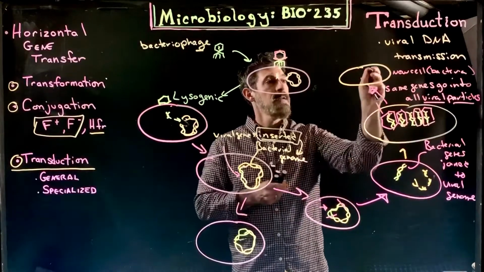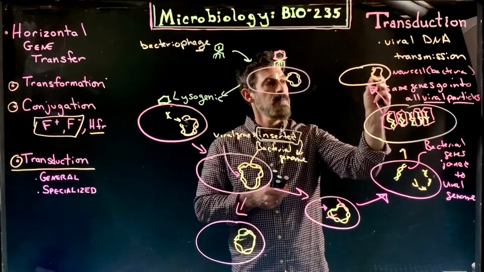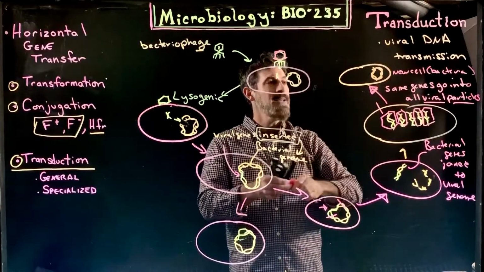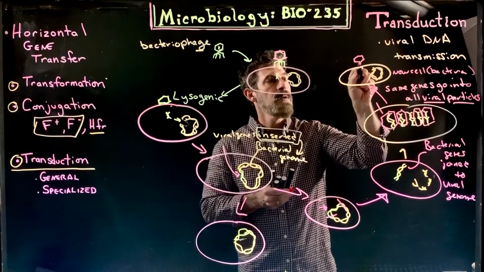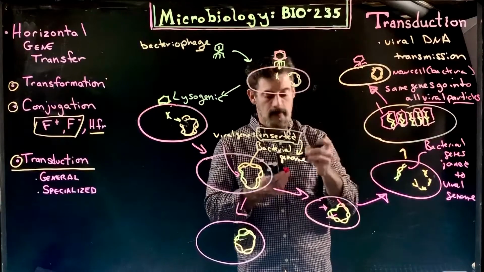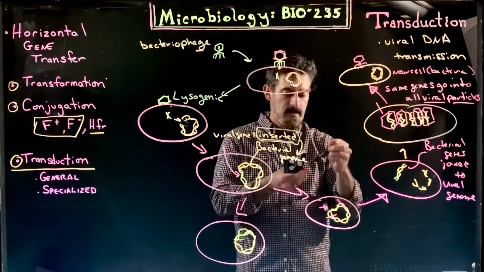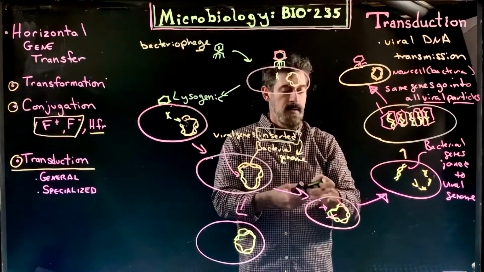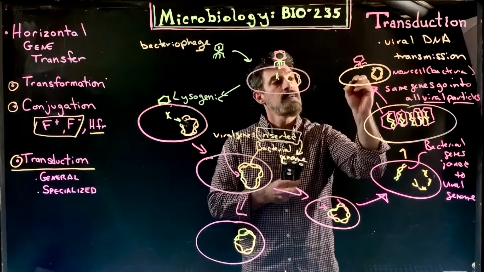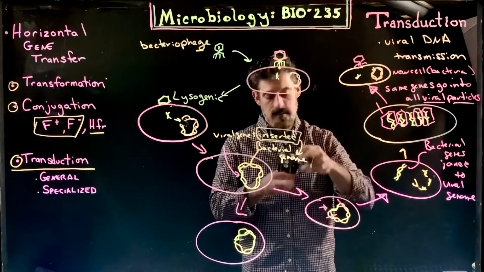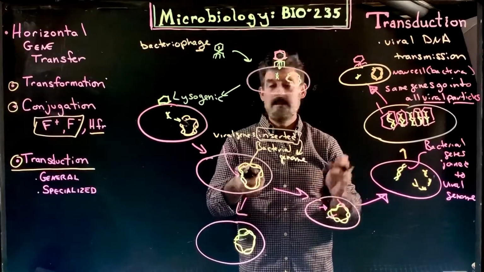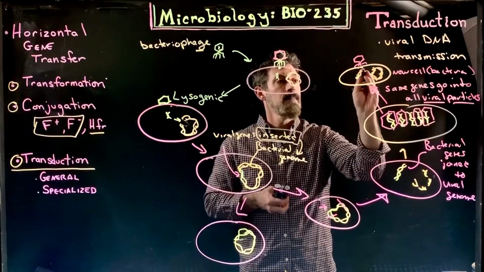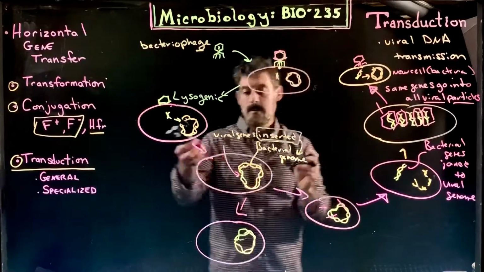This bacterial cell has its own DNA, has its own chromosome. But now it's going to be infected by one of these viral particles. And what's going to happen is it's going to inject into the cell its genome. So it's going to inject the viral genes and the genes from this other bacteria. And then it's going to essentially go into the same thing.